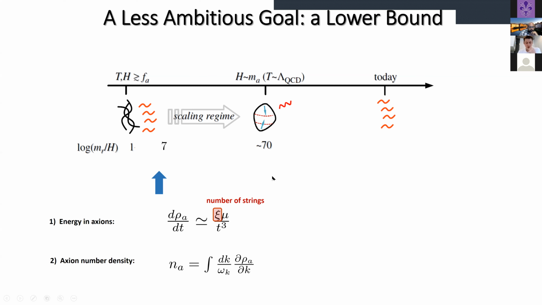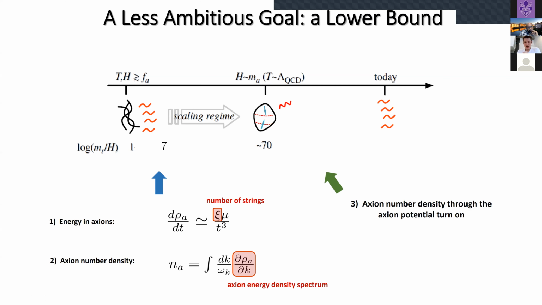On top of this, we need to know the axion number density released in the process, and this is determined by the axion energy density spectrum, which just tells us how the energy density at a point is distributed in different wavelengths.